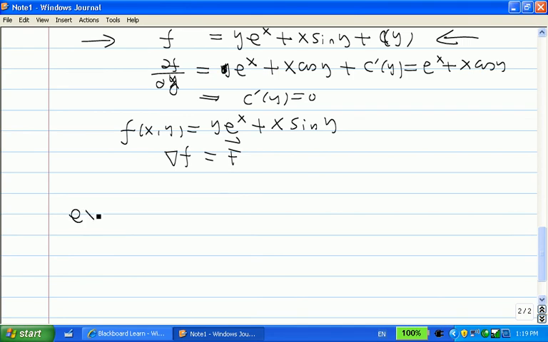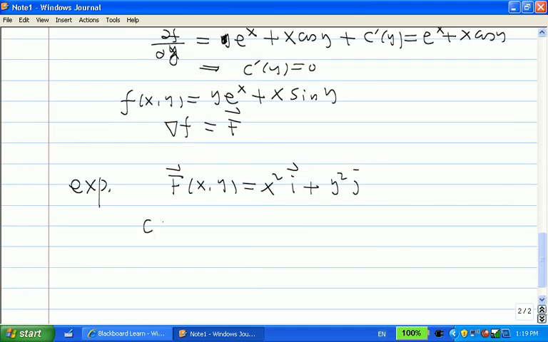Okay, now let's look at another example. In this example, we give you a vector field, x squared i plus y squared j.